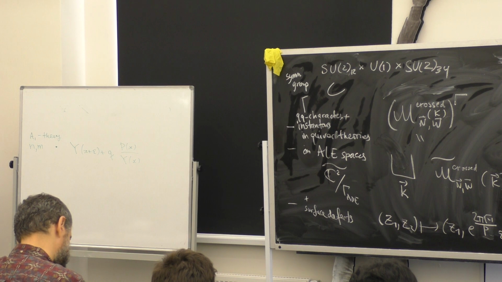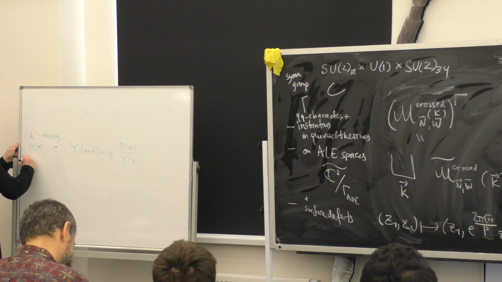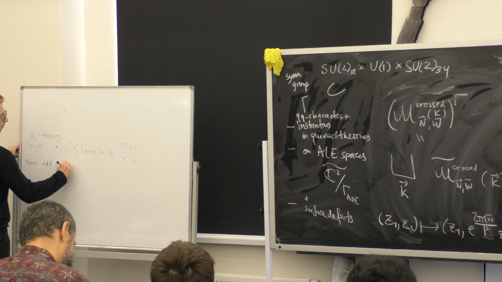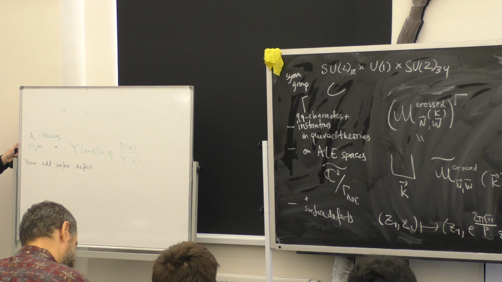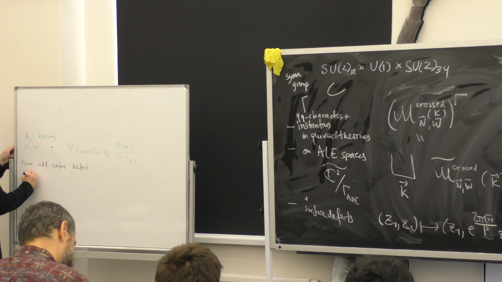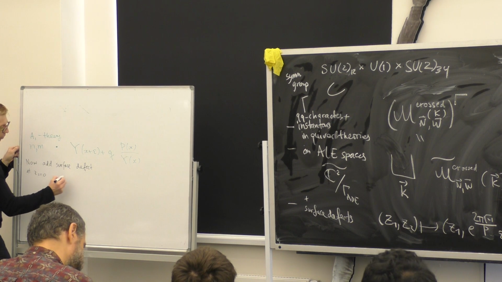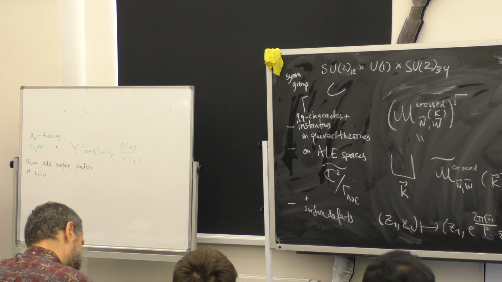Now what I want to do is add a surface defect at z2 equals 0. The surface defect is obtained by saying that we study instantons on a covering space.